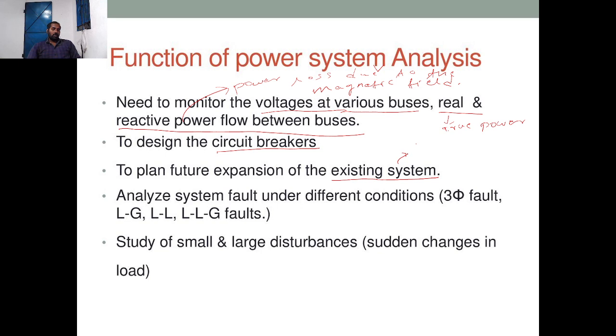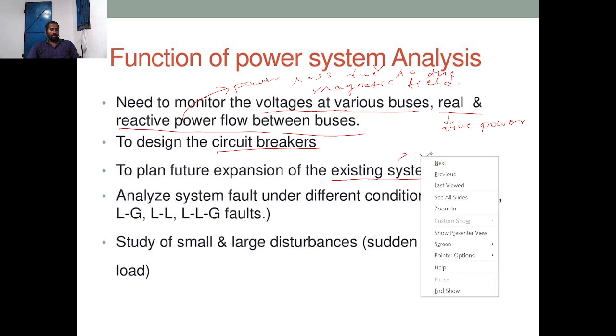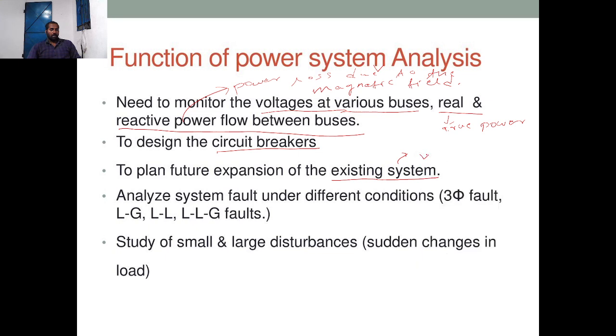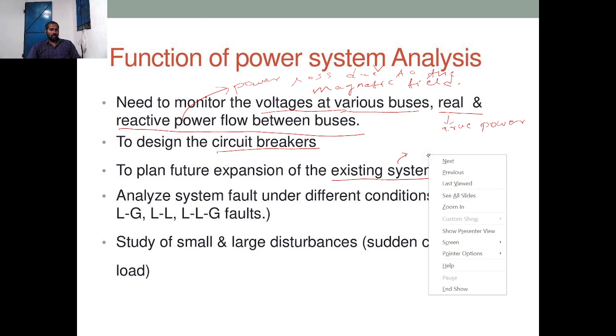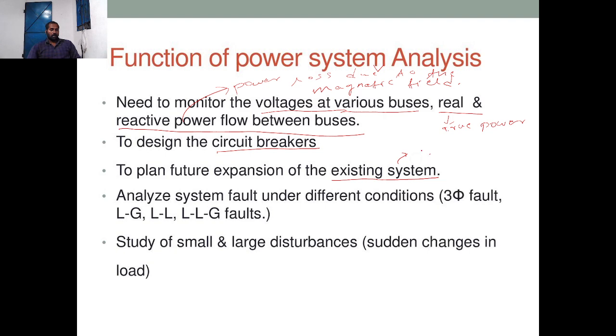If I want to increase the generating capacity of the power system, the entire power system area must be extended, right? That must be enlarged. So planning for the future expansion of the existing power system is very important to provide the maximum demand or the required demand, right?